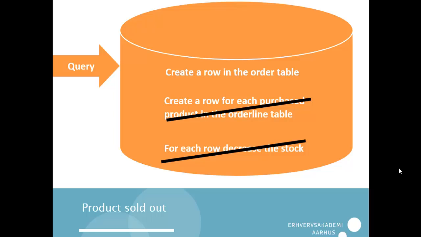So when the customer cannot purchase everything, he would like to delete the order again. So don't create a row in the order table. So we need to check all these business rules, or put these rules into action.